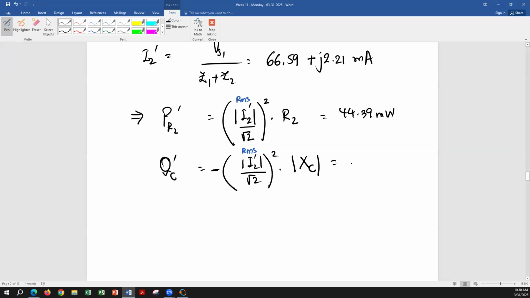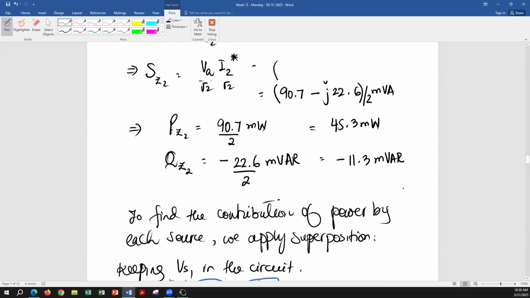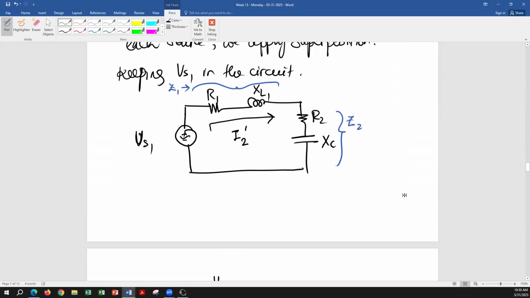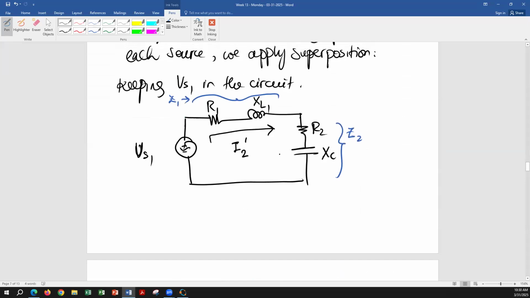So negative 11.0 millivar. If you use the complex formula, you will not forget this negative sign. If you don't want to make that mistake, calculate the voltage across this first, and then use the regular complex formula.